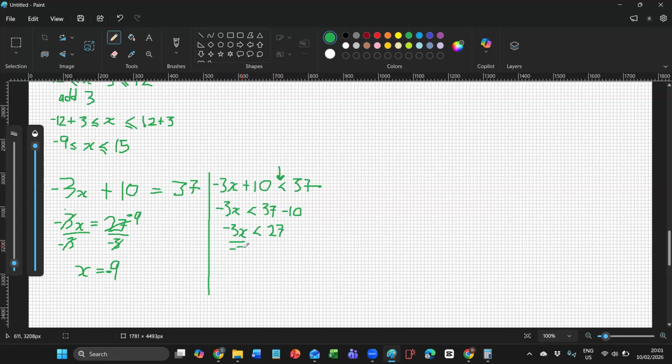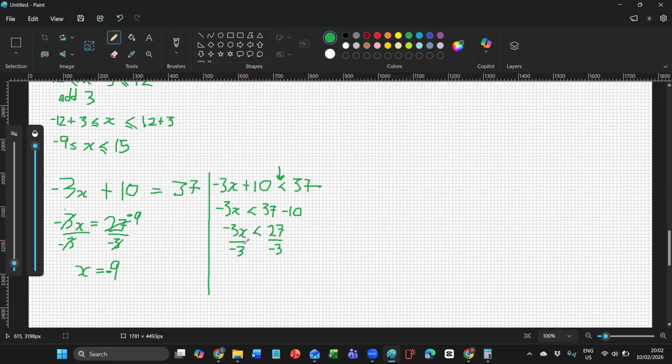Anytime you divide both sides of an inequality, or multiply both sides of an inequality, once a minus sign is involved, please take note, only for multiplication and division, the sign will flip.